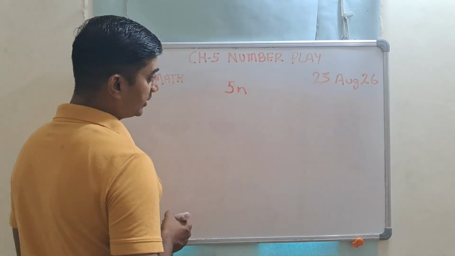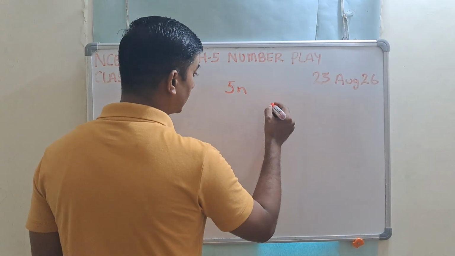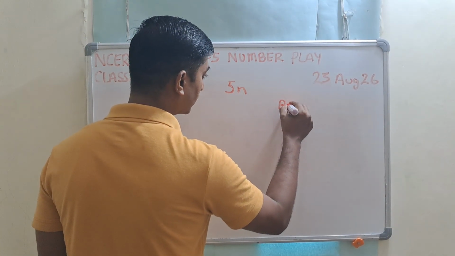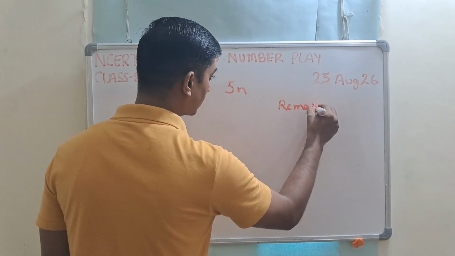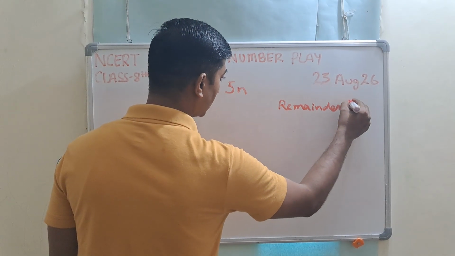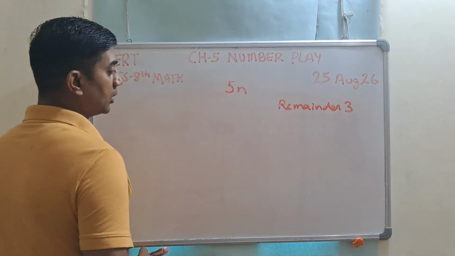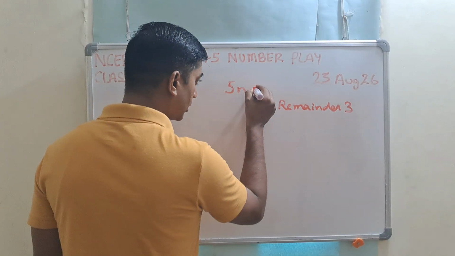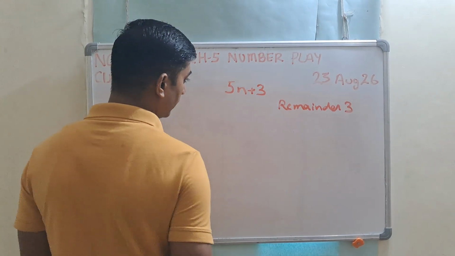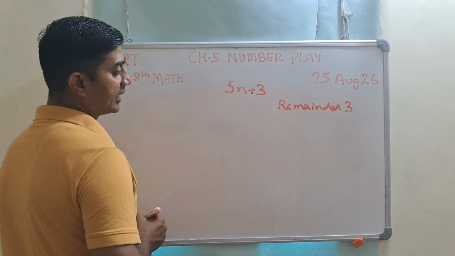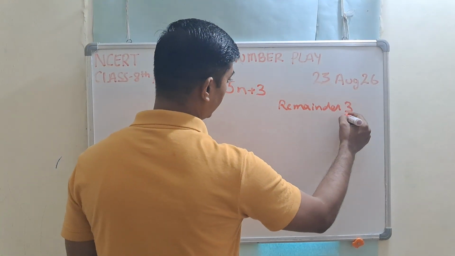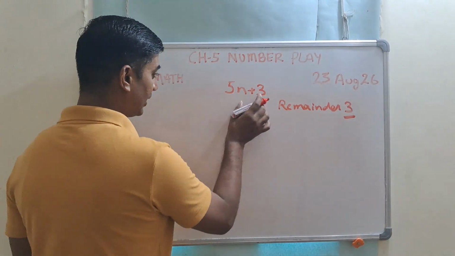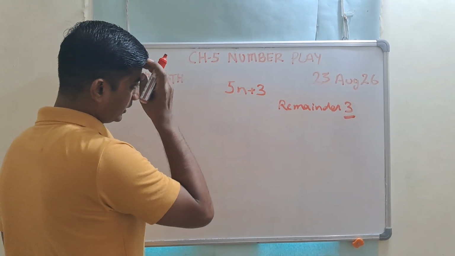Now we want the remainder 3. So if we add 3 to this, we will always get remainder 3, and that we can check. Understood?